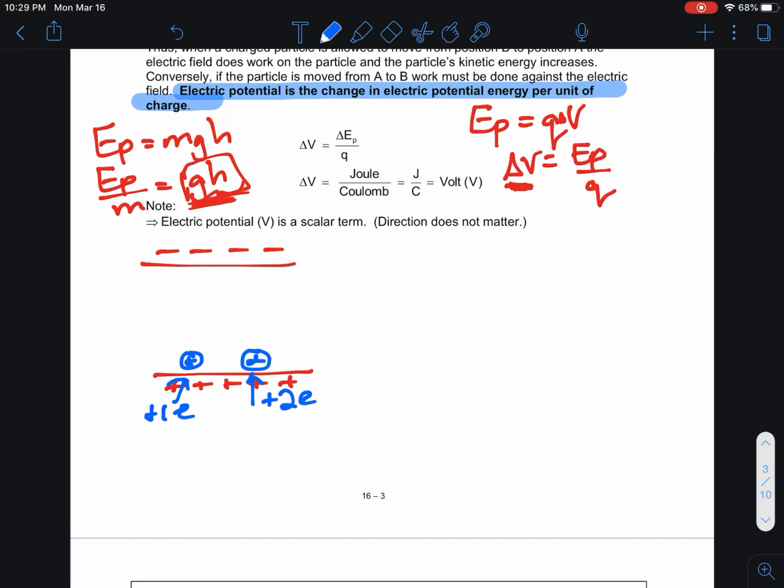So the question is, who has greater potential energy and who has greater potential or potential difference? And to do potential difference, you need to look at its journey. So again, potential energy is the product of a particle's charge and the amount of potential difference it will pass through on its journey.